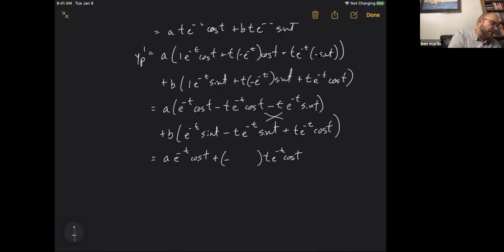So if you notice, you had a minus a coming out of that first one, and then you'll have a plus b coming out of the second one. Then we will also end up having a plus b e^(-t) sin t, and plus, I'm going to put parentheses and have a t e^(-t) sin t.